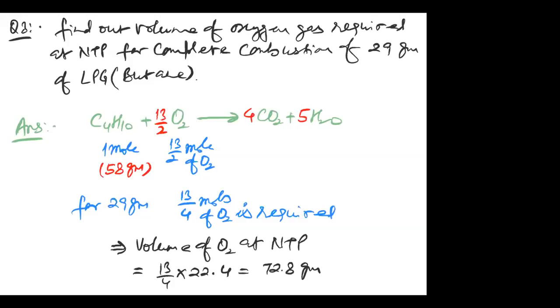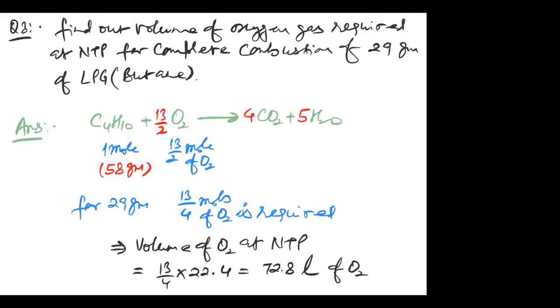72.8 liter of O2. So as per question language is concerned, I am repeating again. First, we have just calculated how much moles of O2 is required for 1 mole of C4H10 combustion. 1 mole of C4H10 weighs 58 gram.